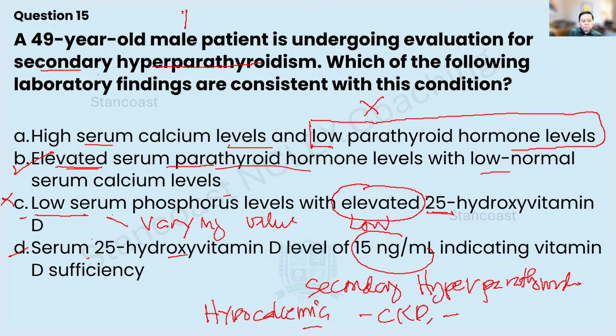If you didn't know the normal value of 25-hydroxyvitamin D, the value is actually between 30 to about 100 nanograms per ml. The patient's value that is 15 is way below the normal range. This is signifying vitamin D deficiency.